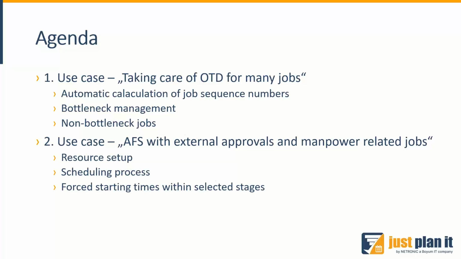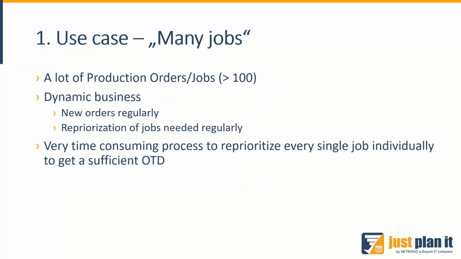Okay, so that's an overview of today's agenda. Let's start off with the first use case and have a more detailed look at it. In short, I say it's many jobs.